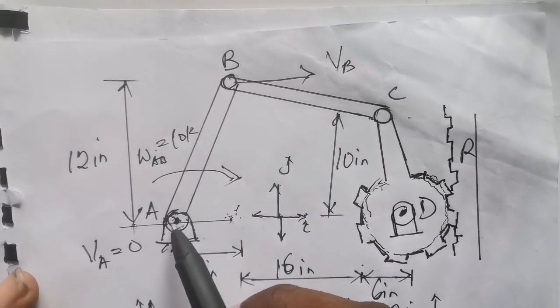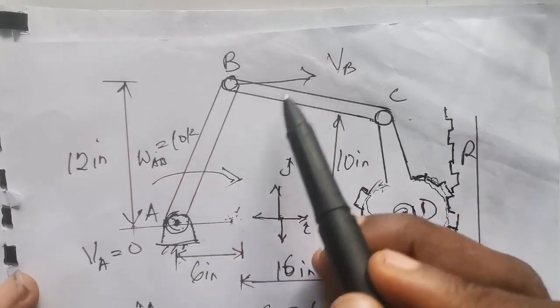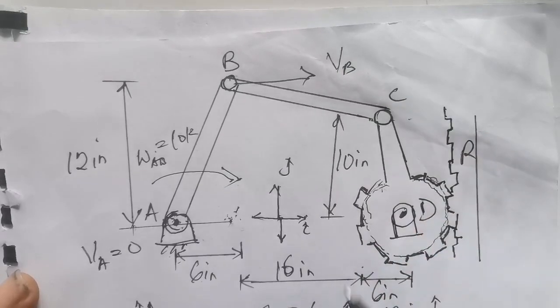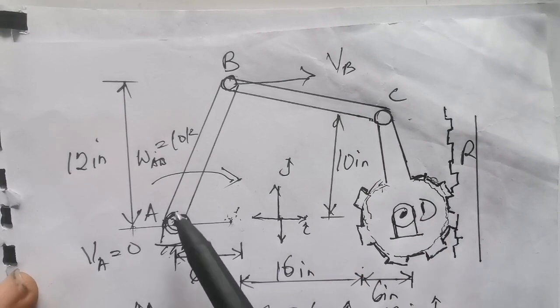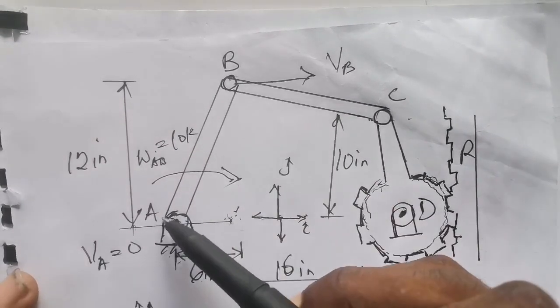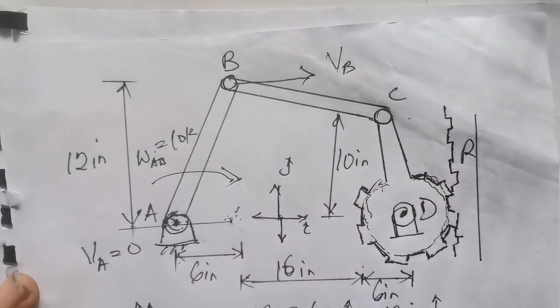So point A is fixed, then at the free end we are going to have a velocity which is at 90 degrees to the surface, and we call that VB. And we simply said that velocity is going to be the sum of the velocity at the fixed point plus the radial arm, which is the radius between A to B, multiplied by the angular speed between A to B.